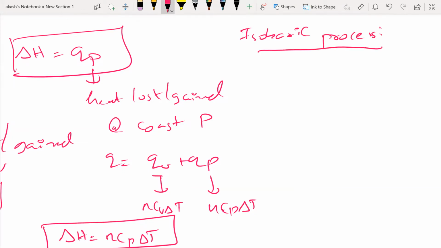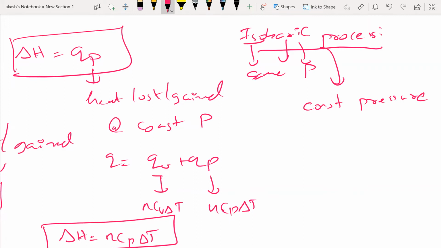If I go for an isobaric process, what is isobar? Iso means same, bar means pressure. So an isobaric process is a process where the process happens under constant pressure conditions.